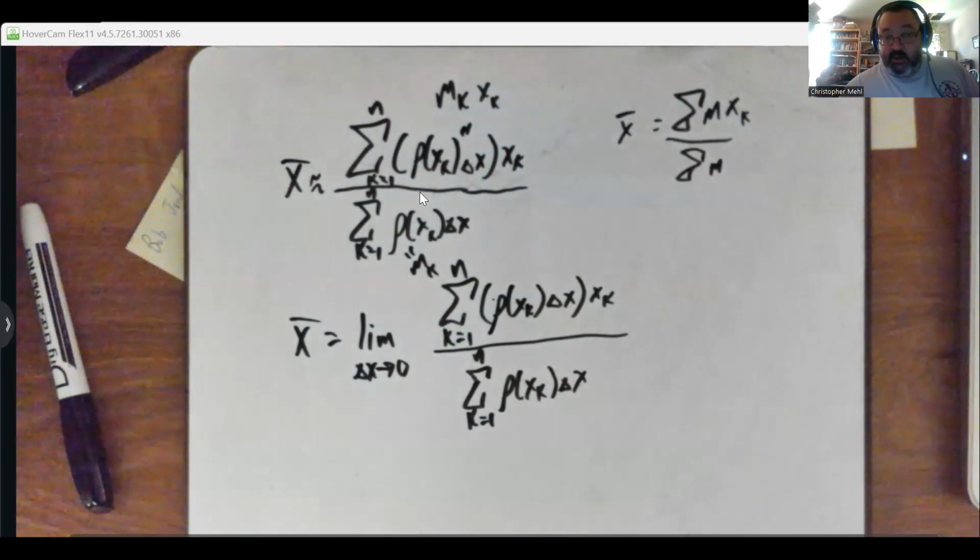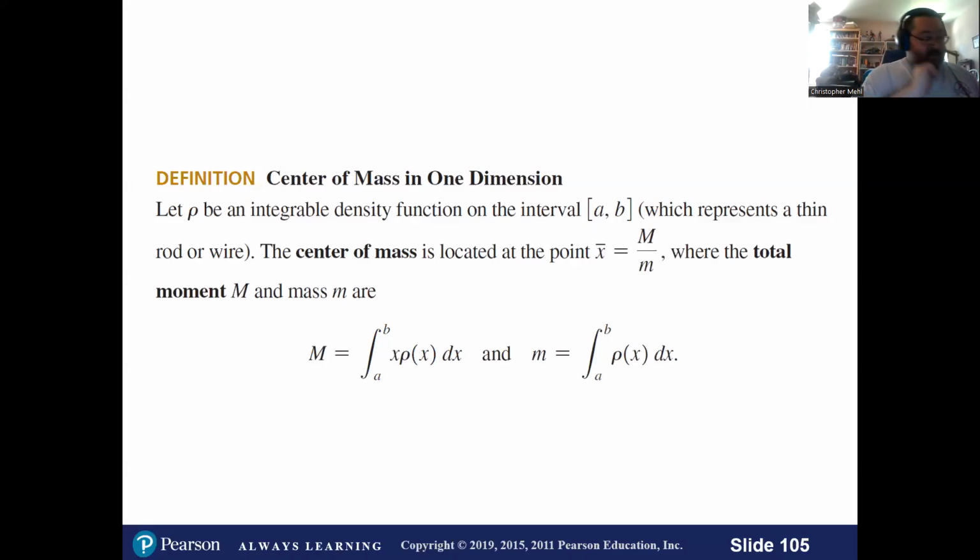And in the limit, we get this. Okay, so the total moment is what the top is called, over the mass m. Okay, so you get the integral, let me write this down.